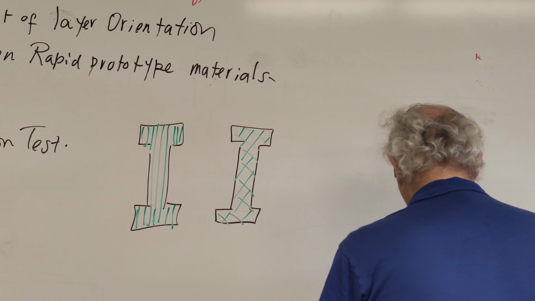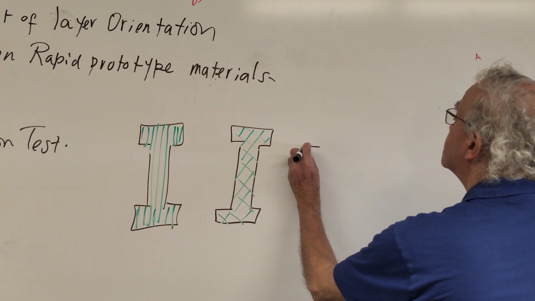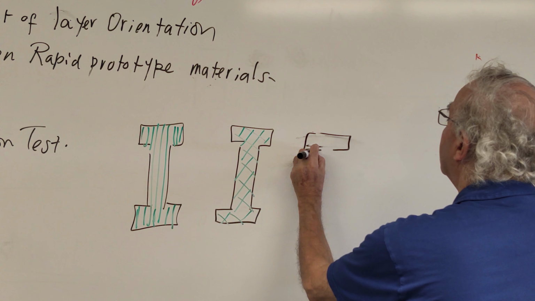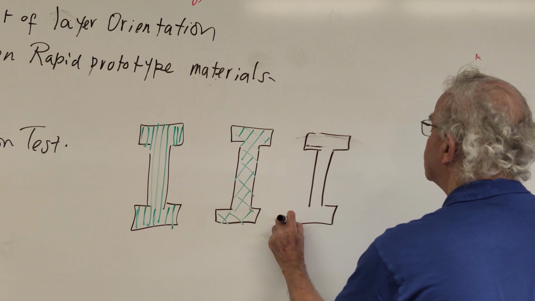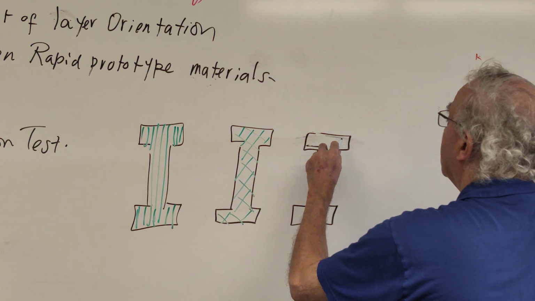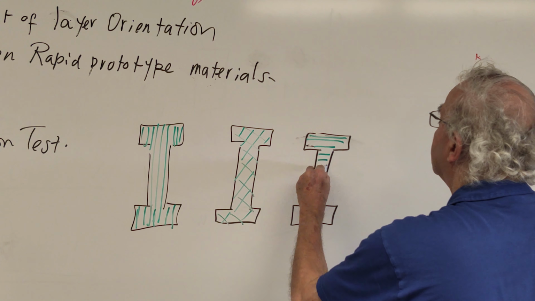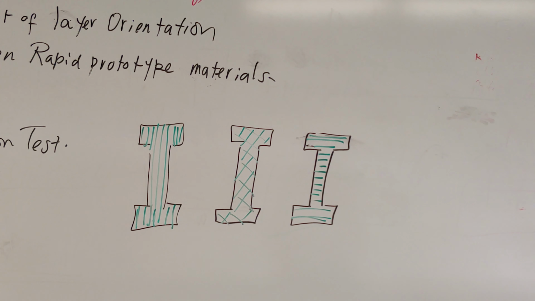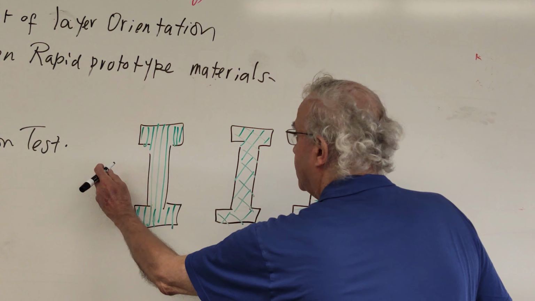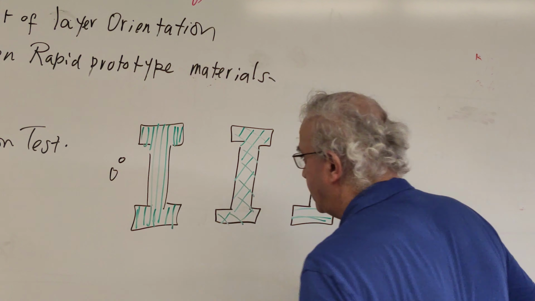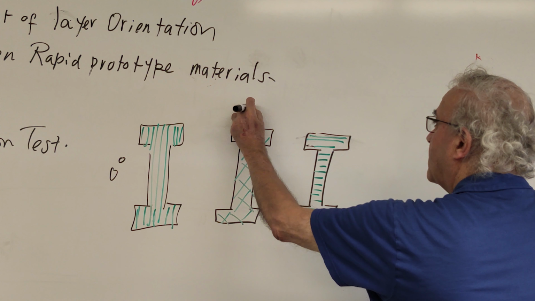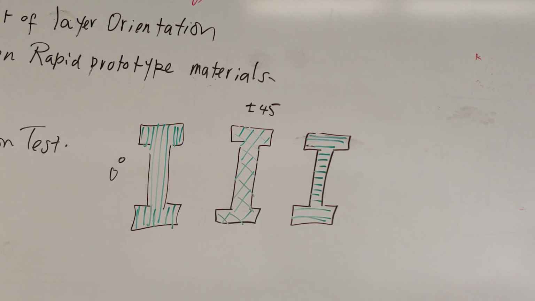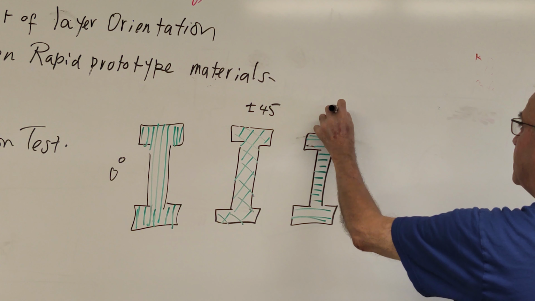Or I can produce the samples, which is a bad way by the way, at a layer orientation of 90 degrees to the length of the sample. So we're going to call this 0 degree, meaning it is parallel to the length, this plus or minus 45 degrees to the length, and this 90 degrees to the length.